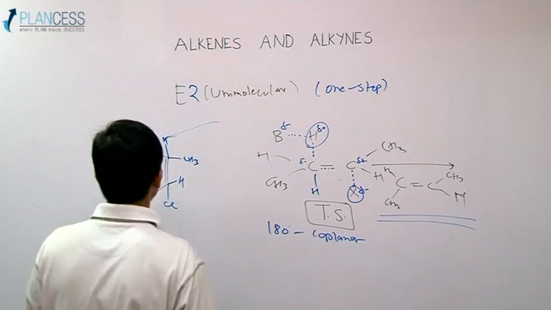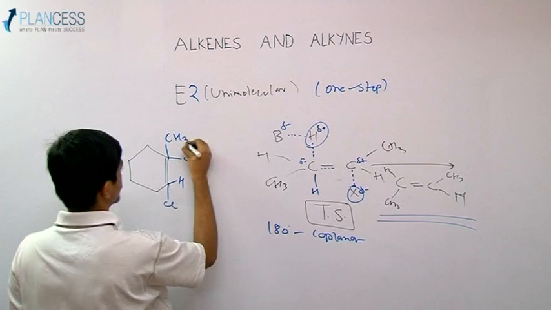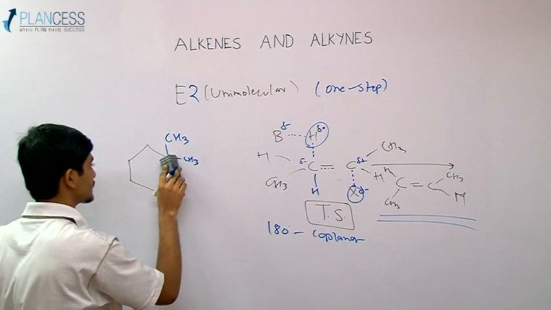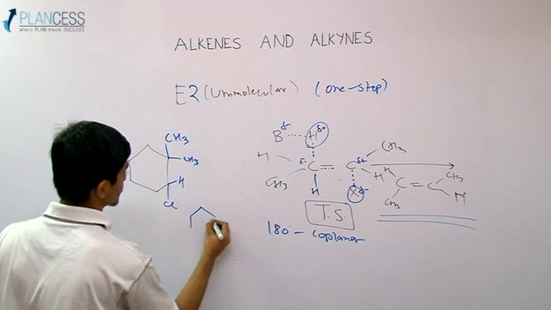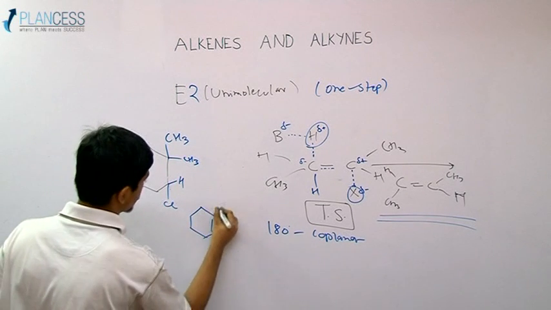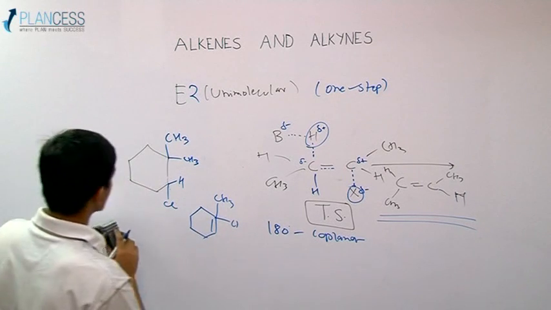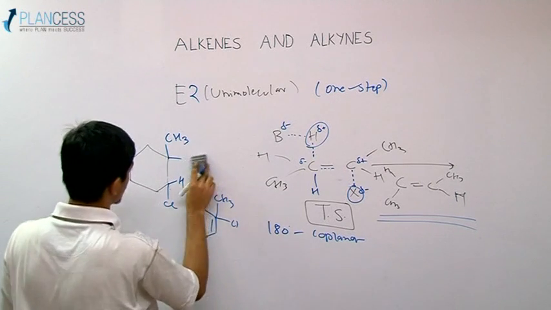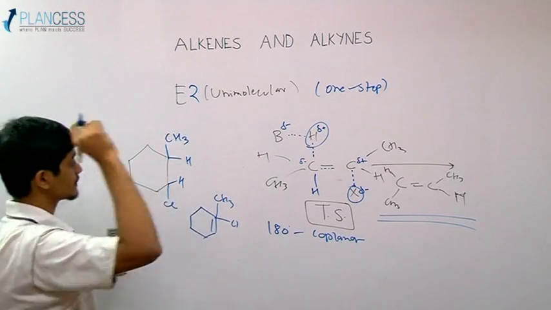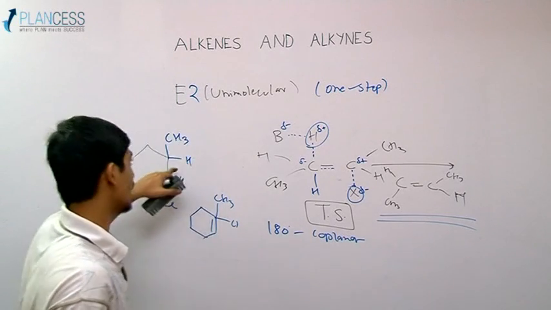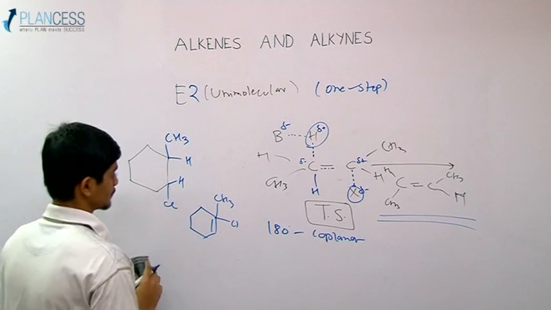But suppose I put a CH3 group over here, then is it possible that you get this type of alkene, with CH3 or this hydrogen? Now this is a very specific geometry, that is, the hydrogen is in this way and the CH3 is anti to the chlorine.